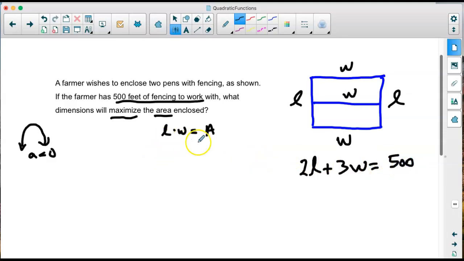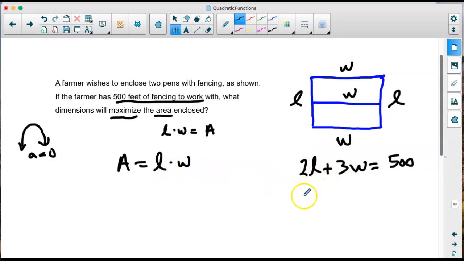Now we need to write this function, area, in terms of length and width, with one variable. So we need to make this one variable here so that we can solve it. In order to do that, we're going to use this perimeter fencing information to figure out what L or W is, and then we can just have one variable here.